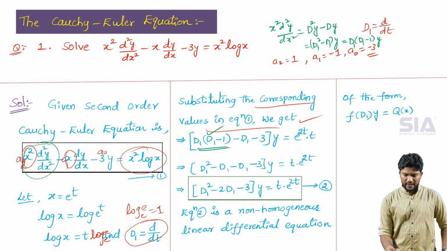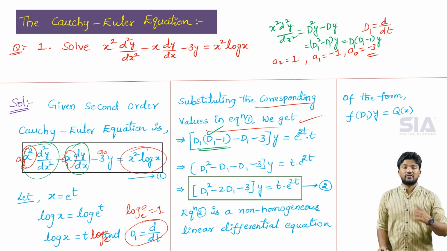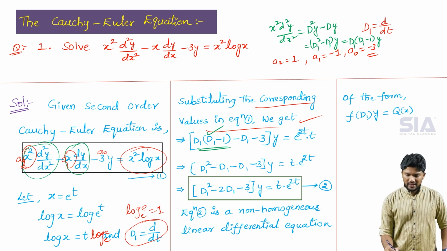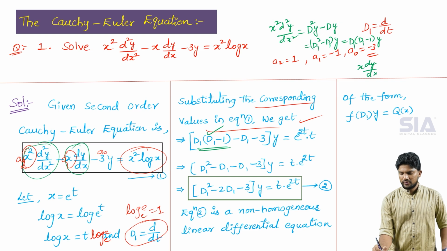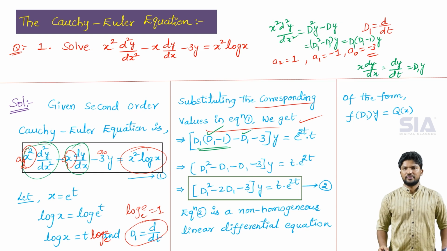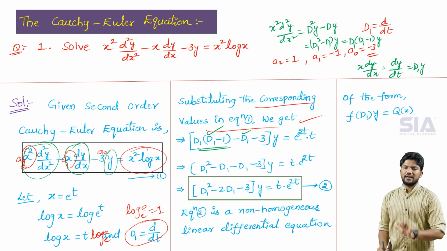Okay, so minus the next term, x into dy by dx. That is the dy by dt value. x into dy by dx is equal to small dy by dt, so we can write that value as D1 into y. So D1 into minus 3 into y, in place of y we are writing that value y only.